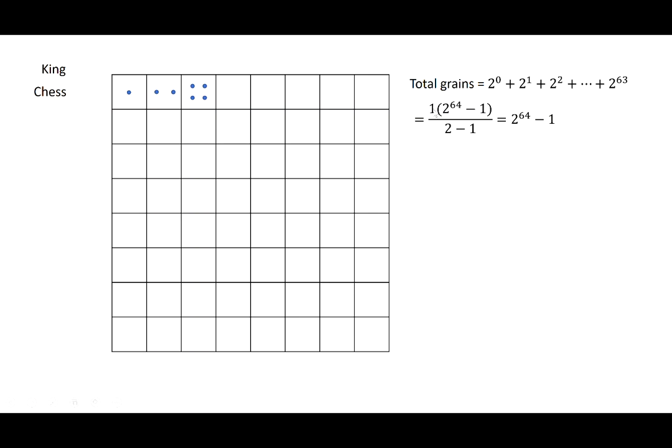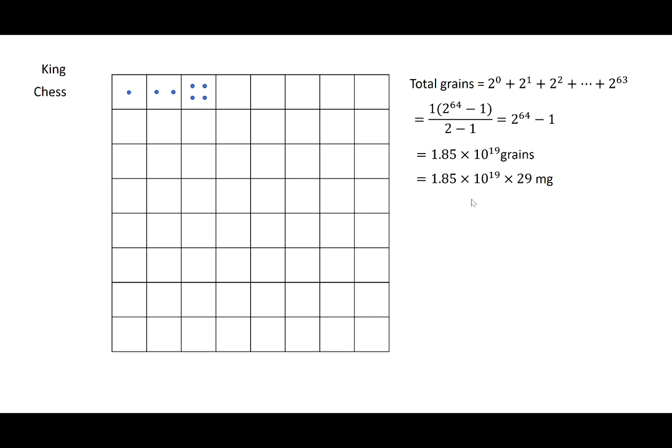So if you plug it into this, a times r to the n minus 1 over r minus 1, we get this, right? And how much is that? That turns out to be 1.85 times 10 to the 19 grains of rice. That is the amount of rice this guy asked. Isn't that cool?